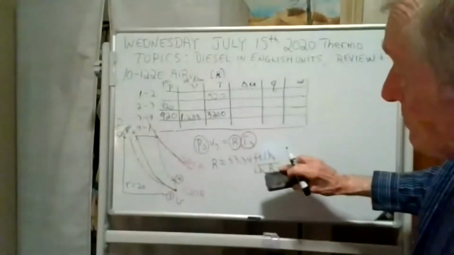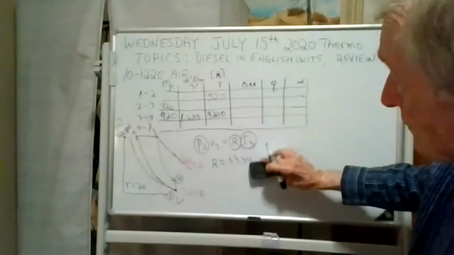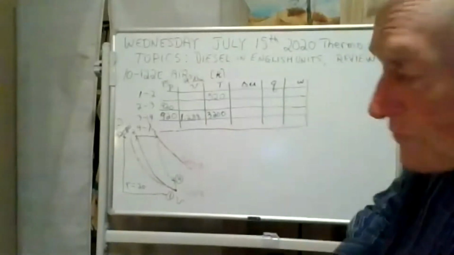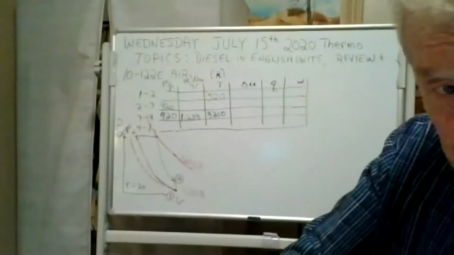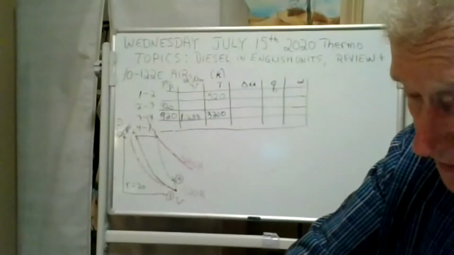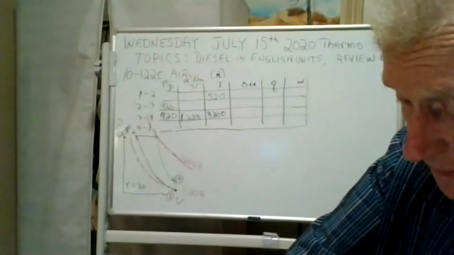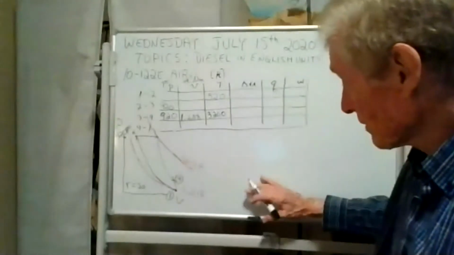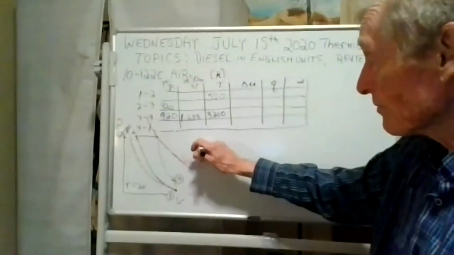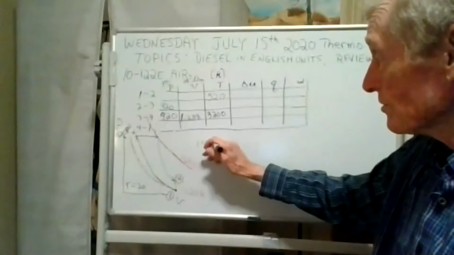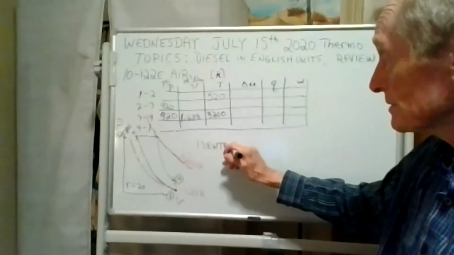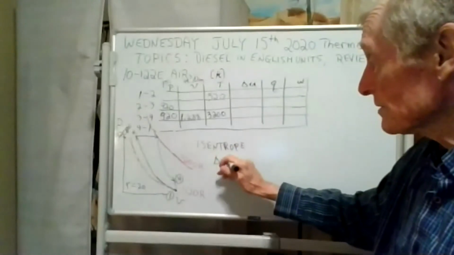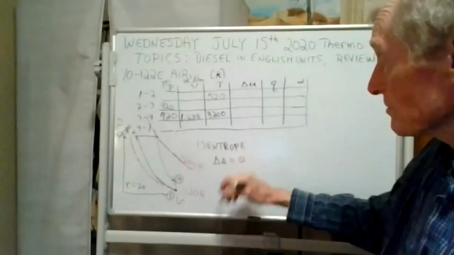Do you remember, here, let me make some room here. Do you remember the ideal diesel cycle has two isentropes. I hope you remember what an isentrope is. Here, I'll write it for you. Isentrope. That's when delta S is 0.